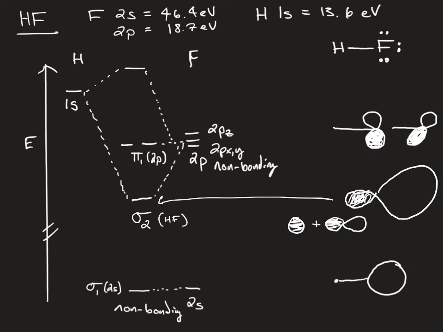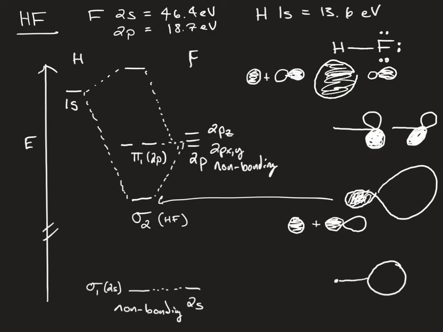The antibonding combination is going to be looking like that. However, this is now going to be dominated by the hydrogen 1s because it's closest in energy to that. So what this is going to look like is something like that.